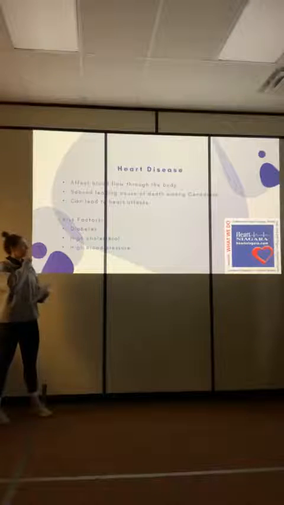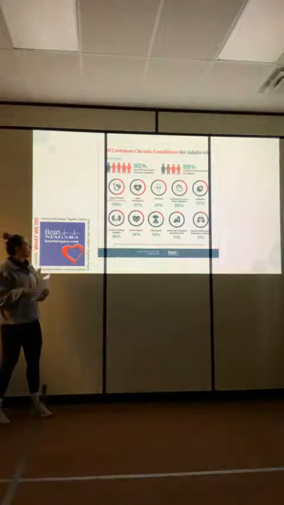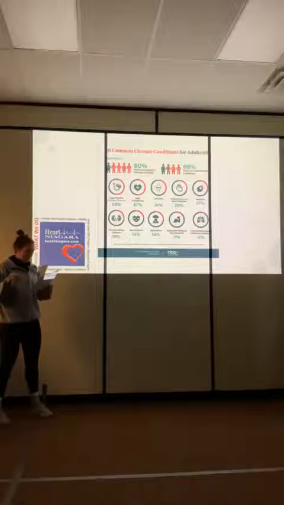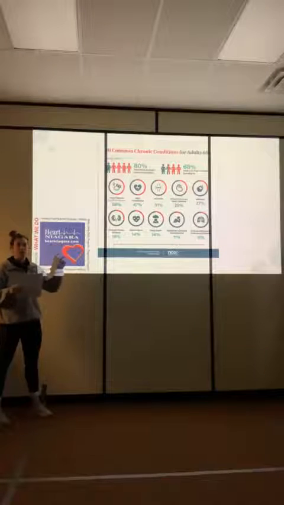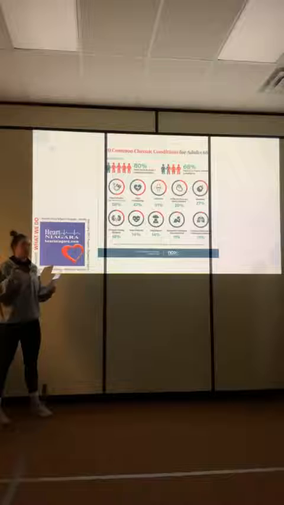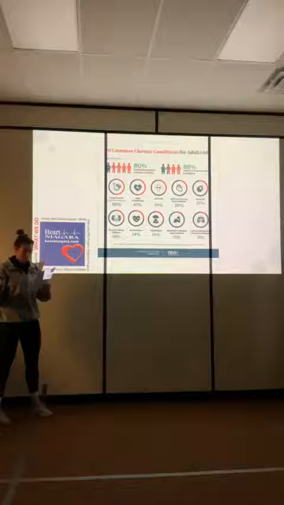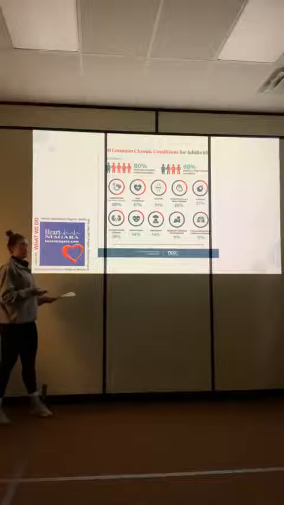If we go back and remember the last slide we just talked about, you can see that things like hypertension, high blood pressure, and high cholesterol can also lead to heart disease. So you could have more than 1 chronic condition, like I mentioned before. It is really, really common to have multiple conditions.